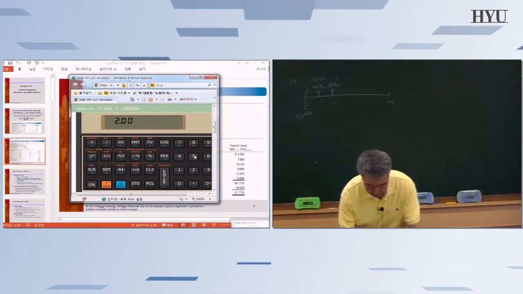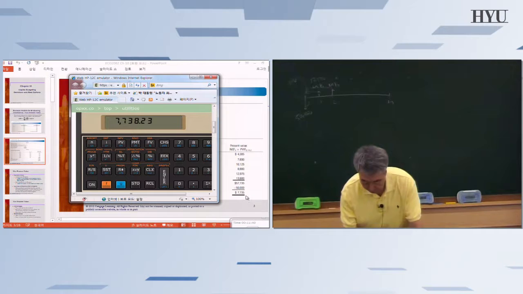So 25,000. And 30,000. And 14% as the interest rate. And then press NPV.